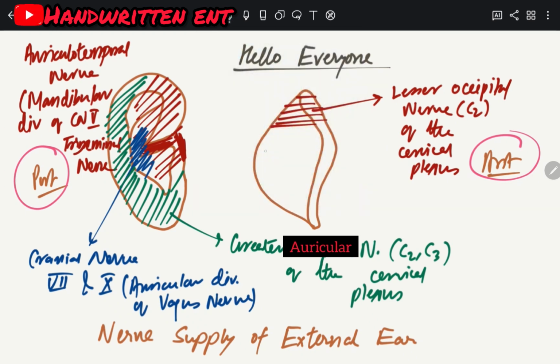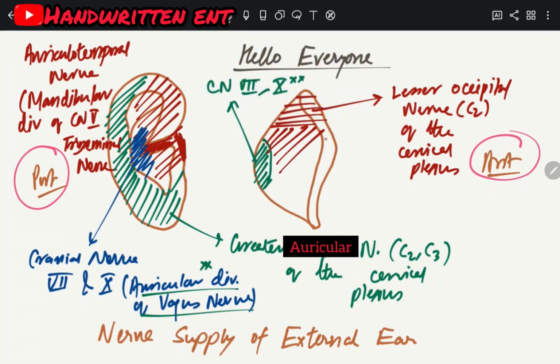Again, the concha region is supplied by cranial nerve 7 and auricular division of the vagus nerve, same, and the remaining part is supplied by greater occipital nerve, C2 C3 of the cervical plexus.